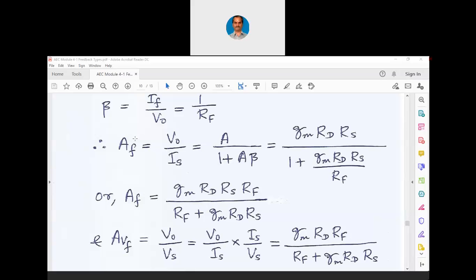I had mentioned that it is a mutual resistance or trans resistance. Now this AF is basically a trans resistance. That is why this expression is correct. V0 by Is is correct. We have obtained an expression for trans resistance or the gain in that terminology.